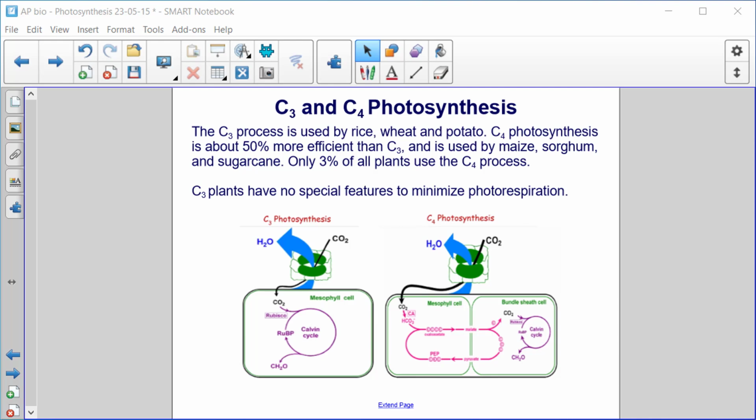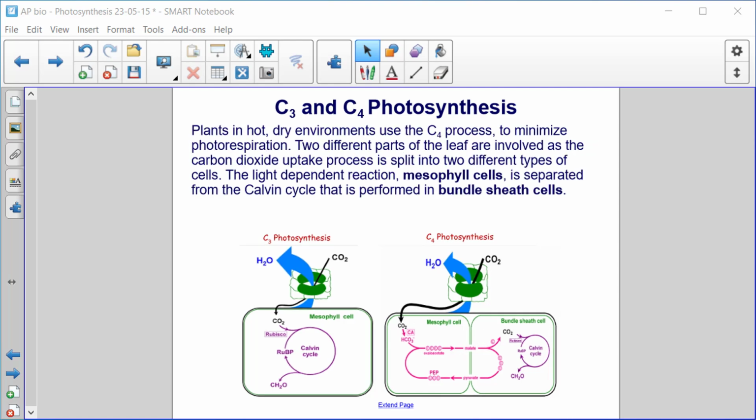In C3 photosynthesis, you can see on the left here, we're undergoing this Calvin cycle in these mesophyll cells. That's slightly different than what happens in C4 photosynthesis. We have this extra step here to make C4 photosynthesis a little bit more efficient. Let's take a look at that process now.